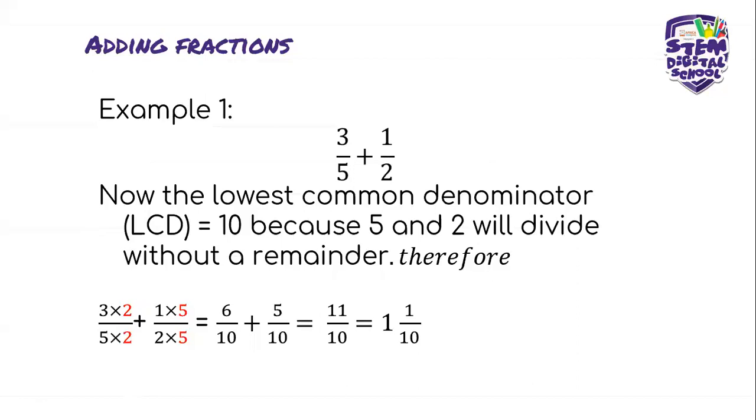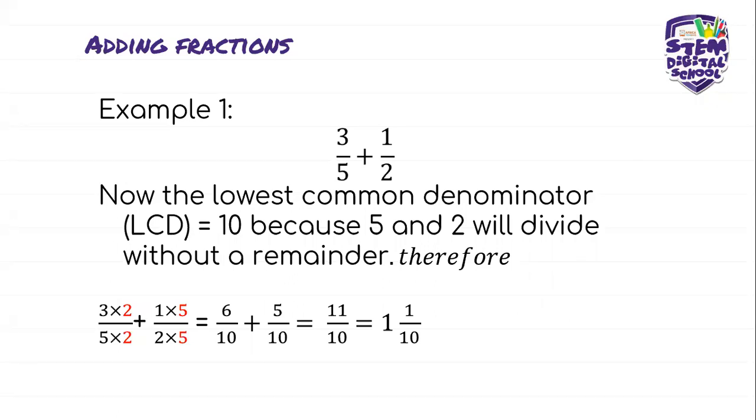The second fraction, which is half, or 1 over 2 as some may call it, the denominator is 2, and the numerator is 1. So you can really tell that these two fractions do not have the same denominator. One has denominator 5, and the second one has denominator 2.